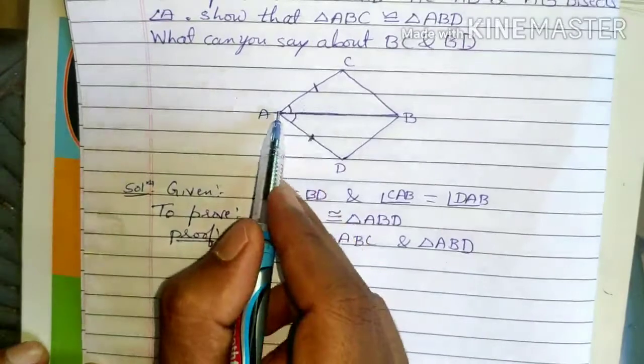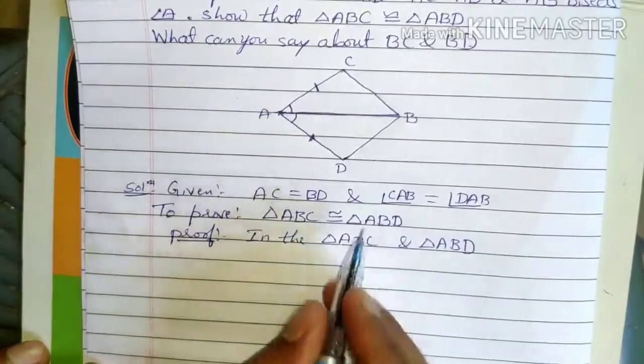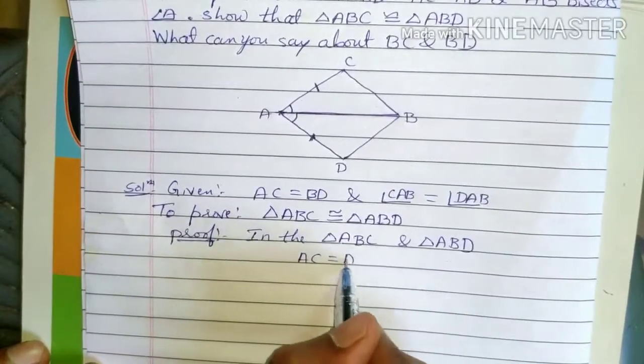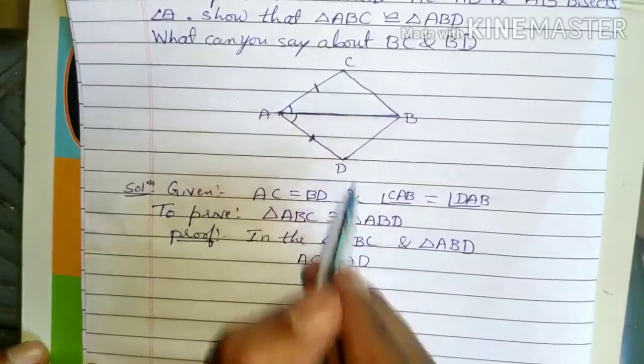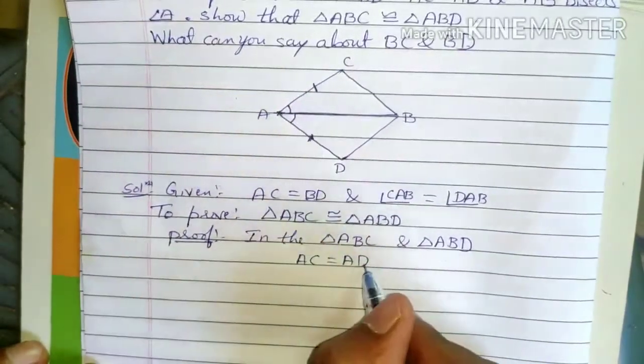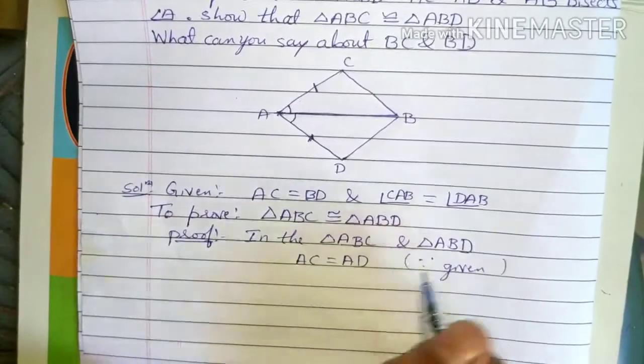In triangle ABC and triangle ABD, AC is equal to AD. AC belongs to ABC, AD belongs to ABD. So these two sides are equal, because given is the reason.